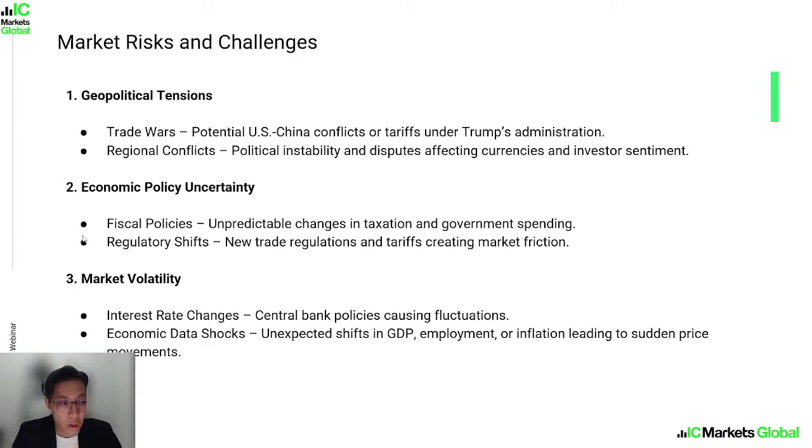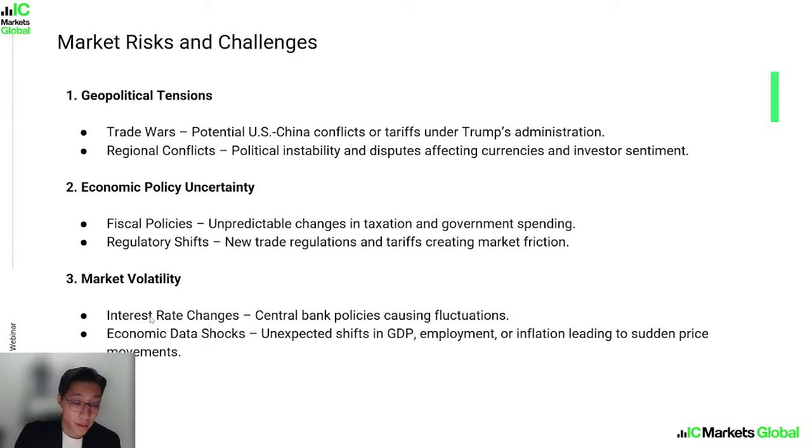Usually with news such as policy changes like monetary policy, we will always see very huge engulfing candles either to the upside or to the downside. Those are some news that you might want to watch out for.